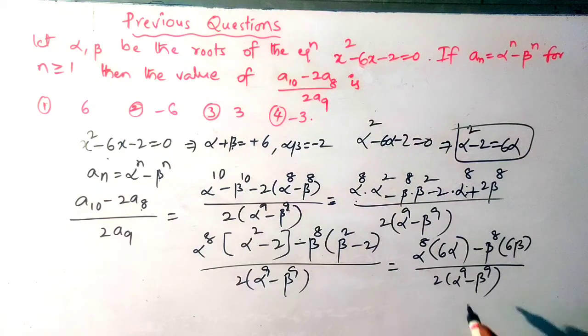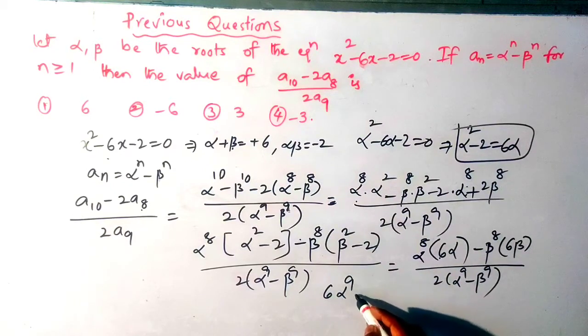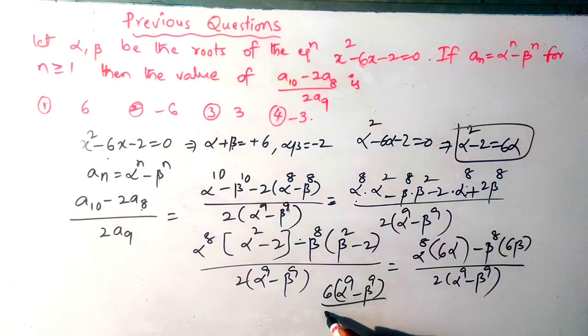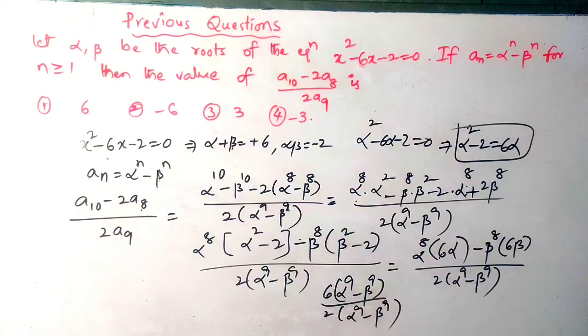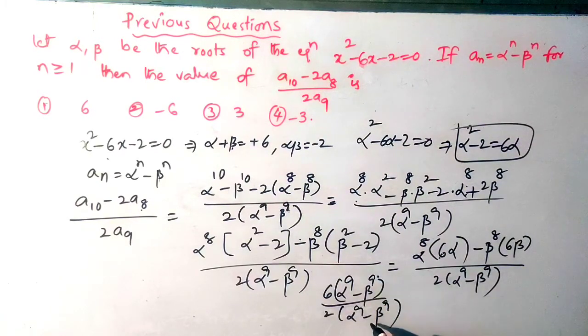Then we get 6 alpha power 9 minus 6 beta power 9, divided by 2 of alpha power 9 minus beta power 9. Taking 6 common, we get alpha power 9 minus beta power 9, and the denominator already has alpha power 9 minus beta power 9.